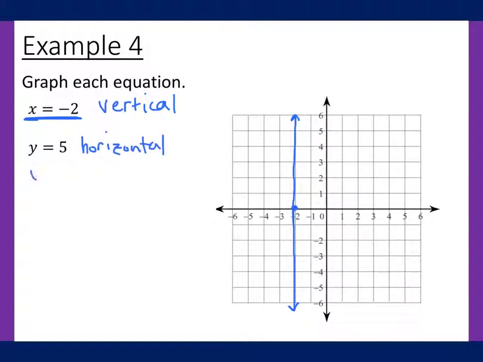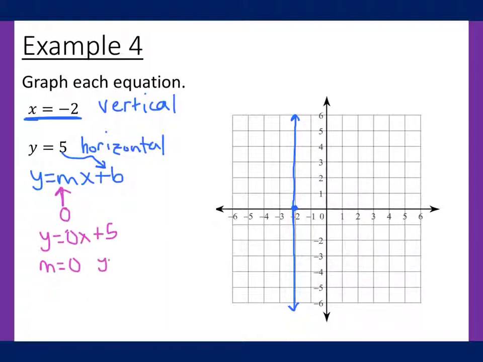And that's because since it's y equals, if we think back to our y equals mx plus b equation, the 5 is the y-intercept. But I don't have an x at all, which means that m has to be 0. So really this equation y equals 5 is y equals 0x plus 5. So our slope is 0, our y-intercept is 5.